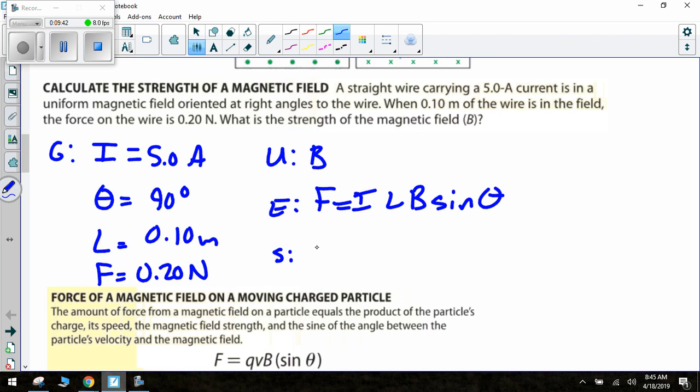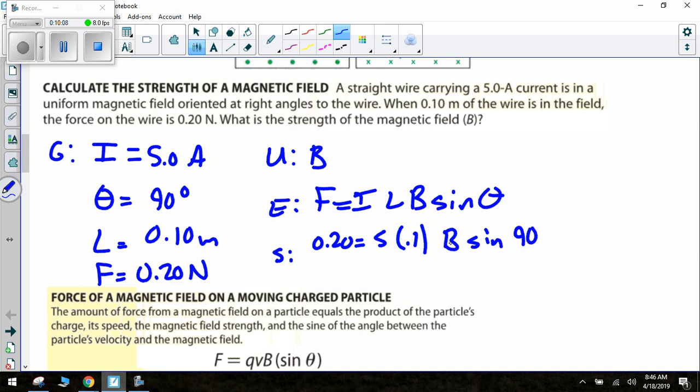Okay, so we're solving. We got 0.20 is equal to 5 times 0.1 times B sine 90. All right, the 5, the 0.1, and the sine 90 are all doing what to B? They are multiplying.